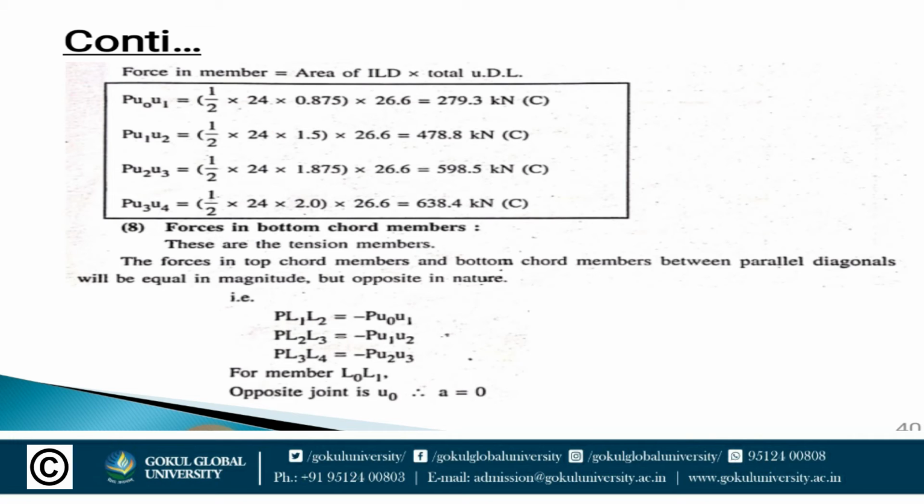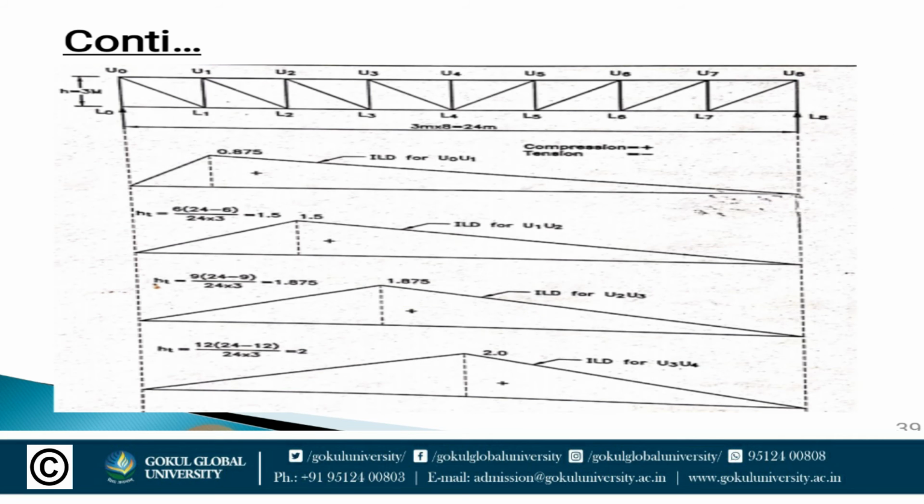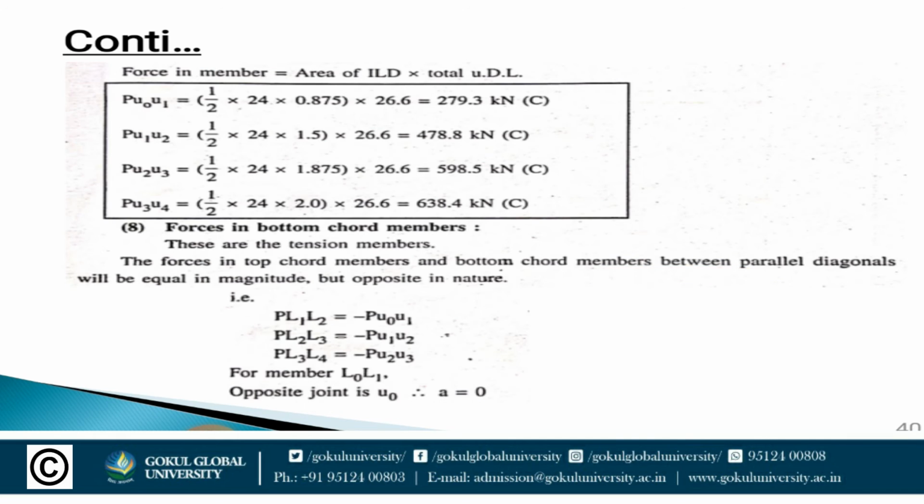See this figure. U0 U1 is diagonally connected to the bottom member L1 L2, so they will be equal in magnitude but opposite in nature. So P L1 L2 is equal to minus P U0 U1. It is opposite in nature.